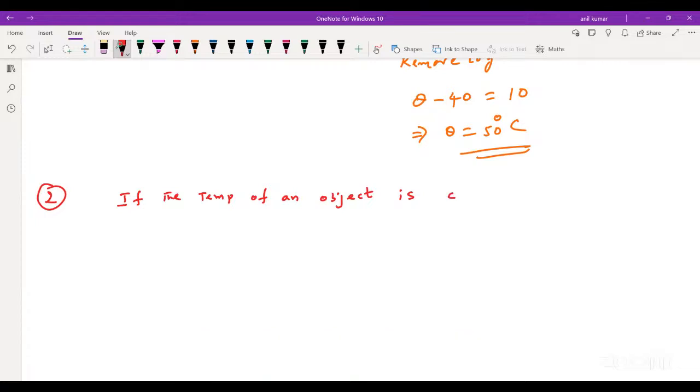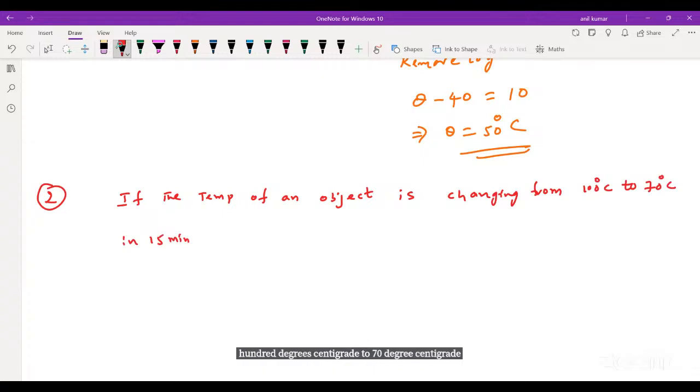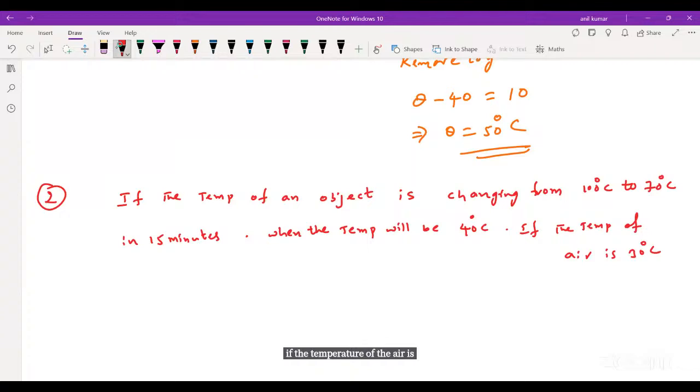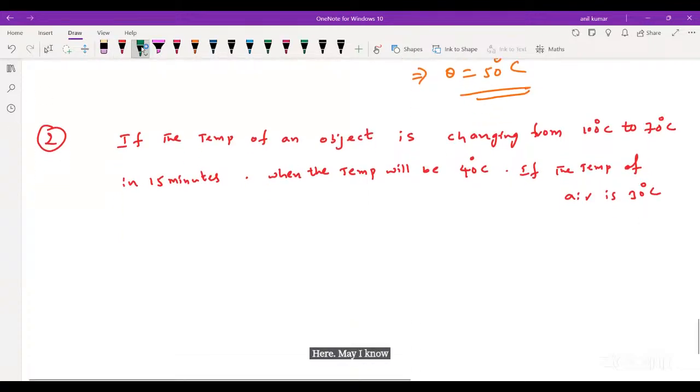If the temperature of an object falls from 100 degrees centigrade to 70 degrees centigrade in 15 minutes, when will the temperature be 40 degrees centigrade, if the temperature of the air is, what is the surrounding here? 30 degrees centigrade.